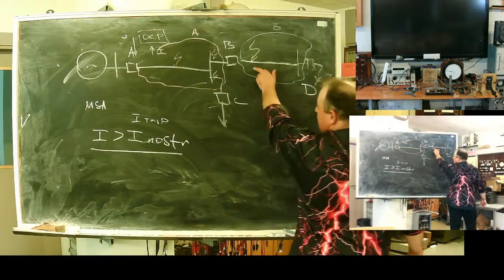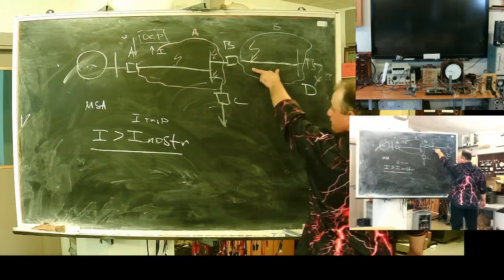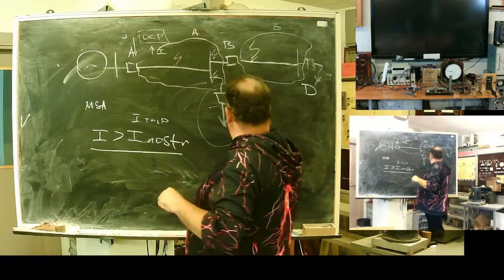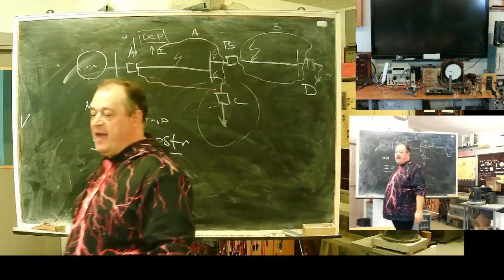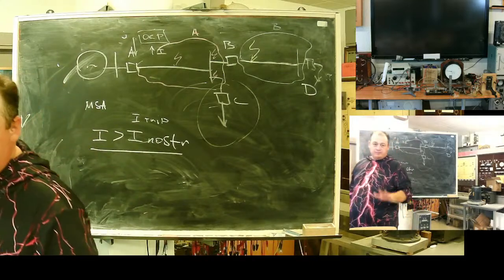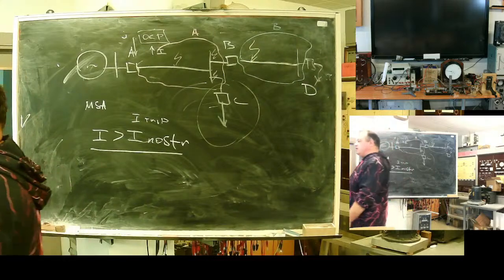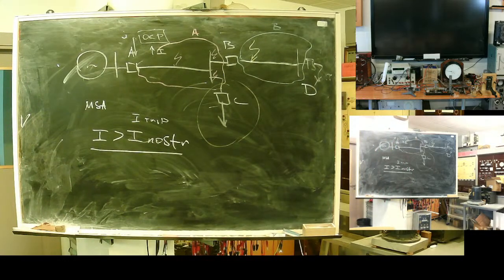If here is a fault and my device trips, I will lose this customer, I will pay. My bonds are in danger. This means my device should be able to recognize external faults, or should fulfill the selectivity criteria.